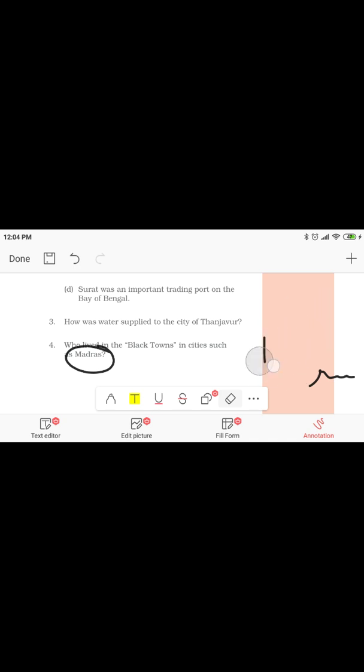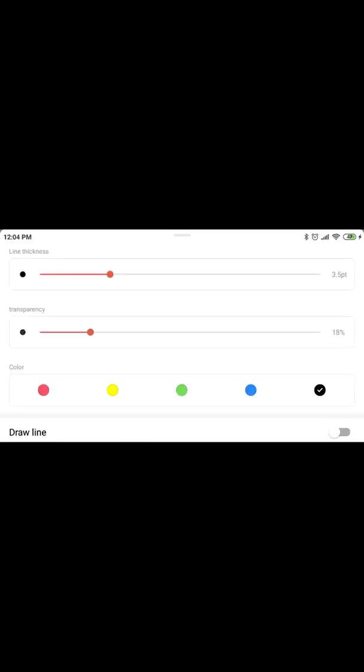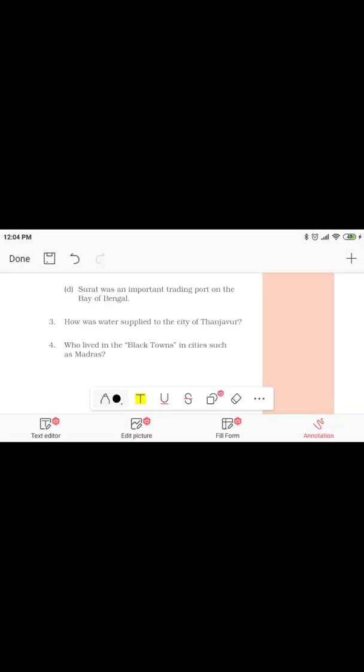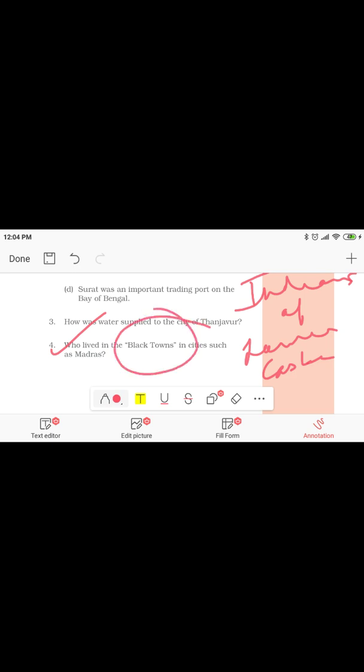Now we are not going to talk about the British Empire in such detail, but the answer to this question, after such an important discussion: who lived in the black towns in the city of Madras? Indian people, but not all Indians, those of lower caste. The people of lower caste lived in these black towns.